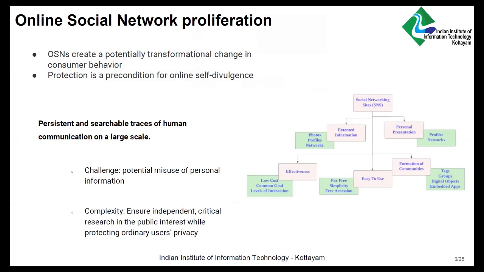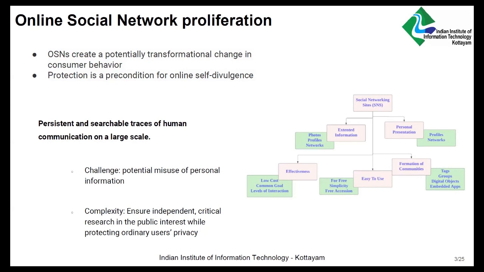As you all know, we are all into online social networks, right? It is proliferating day by day to a massive amount. So protection of this data becomes a critical condition.